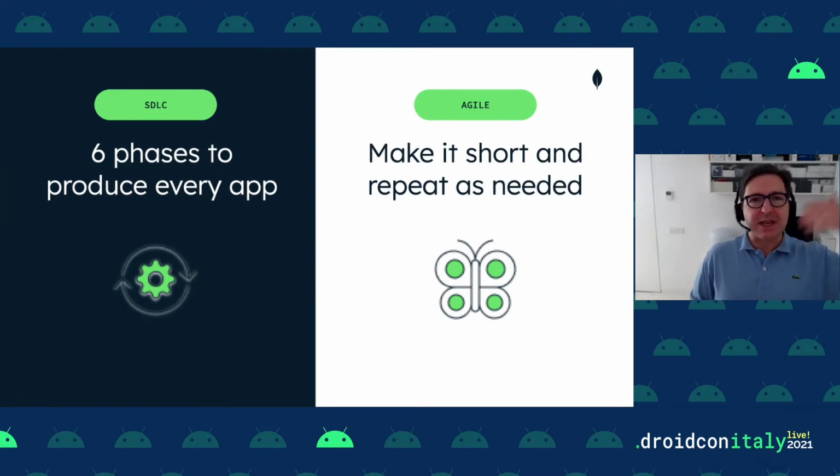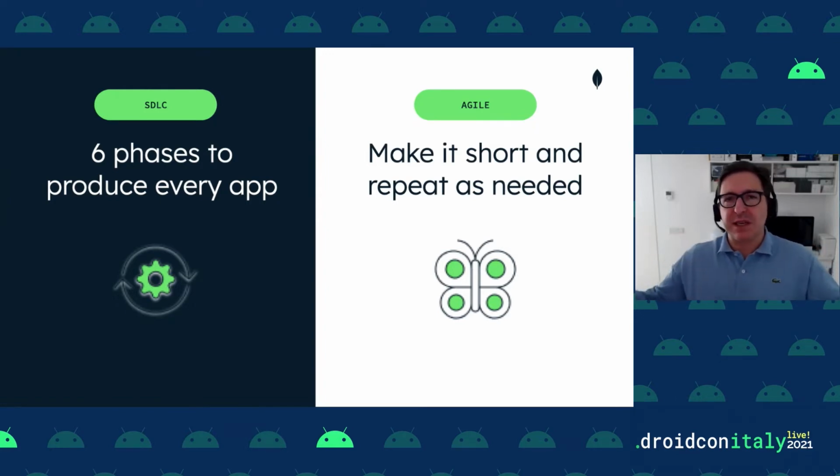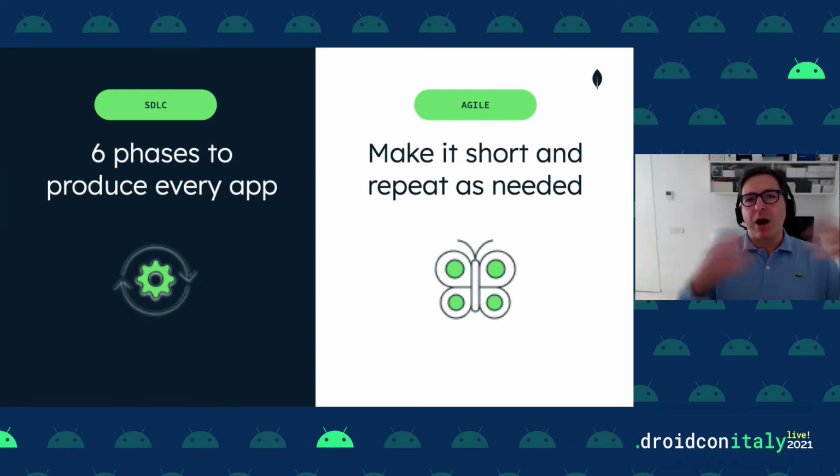So you will repeat as much as you need that, but the amount of time that you need to plan things that you can implement in a number of weeks, let's say 2, 3, 4, however long your sprint is, is reduced. So the planning should be short, the analysis should be short, the design should be short, implementing that should be shorter, and deploying it should be trivial because it's not that different from the previous version. Maintenance is also in the loop, and you will take care of that all the time.